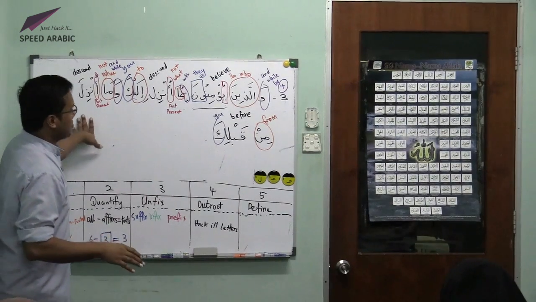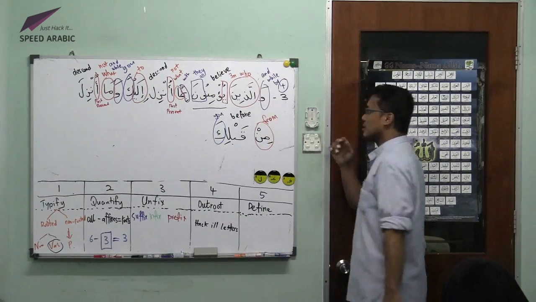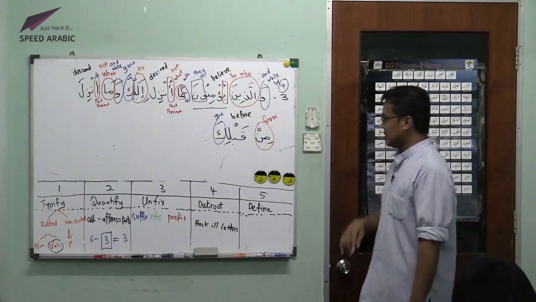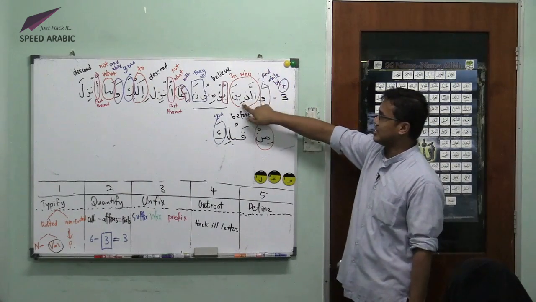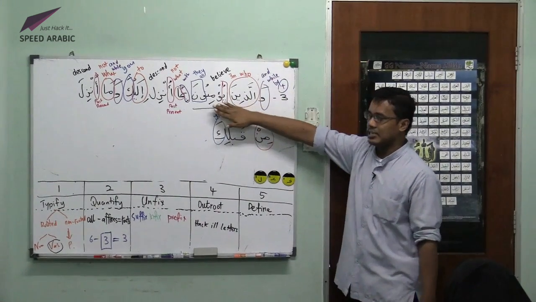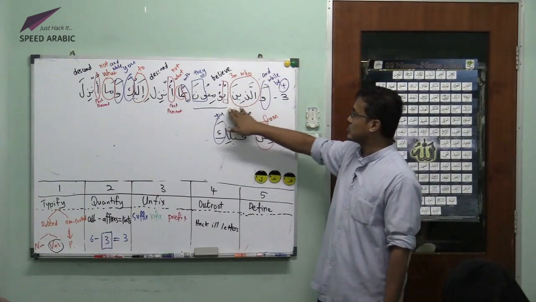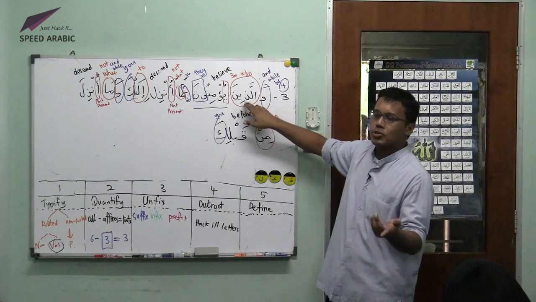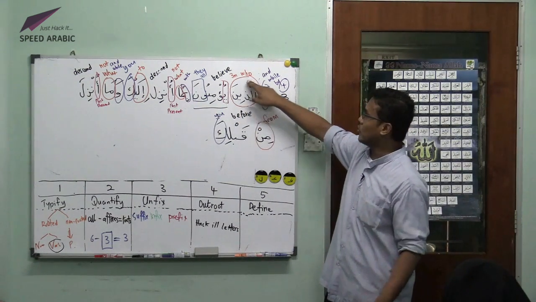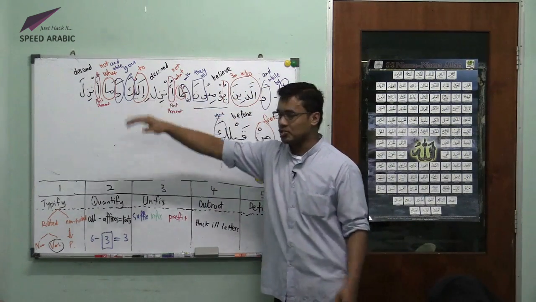Okay, you write down what's the meaning. So if there's no meaning, you don't write anything, so you start with this. Alladhina yu'minun. So you may write something like those who, right? So those who believe, and then you continue.